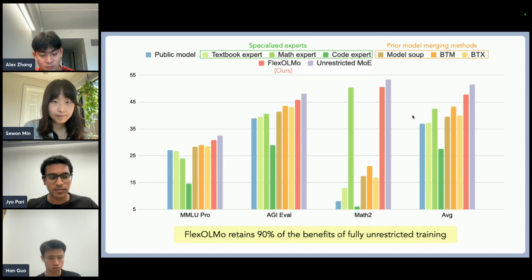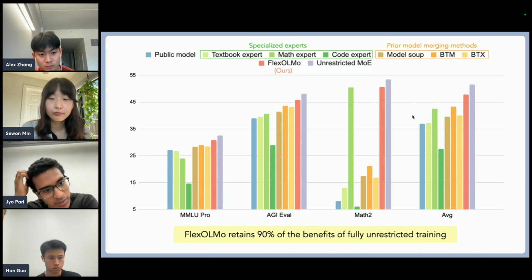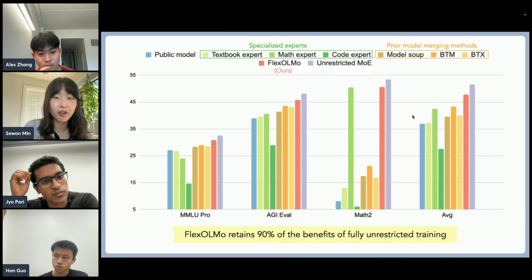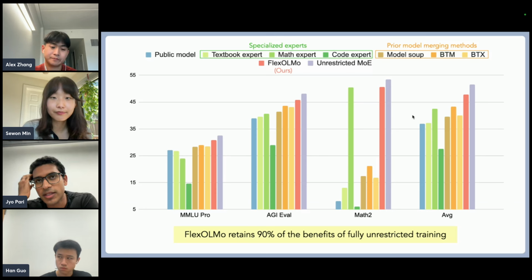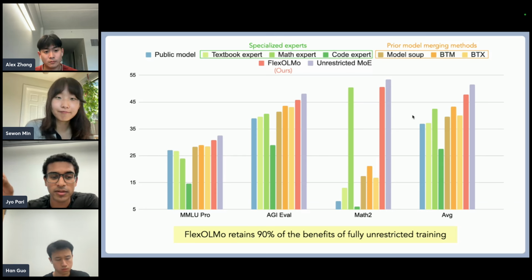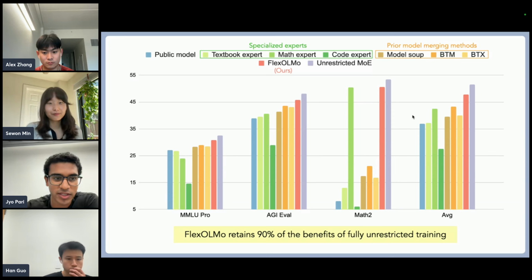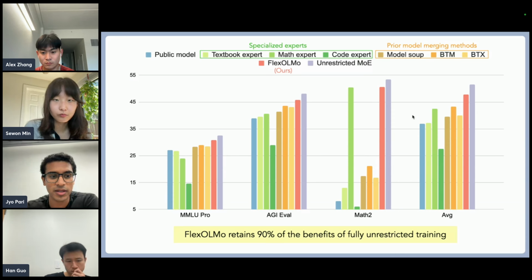Are you averaging multiple expert outputs in this evaluation? So we have in total 8 experts, and we are activating 4 out of 8. Oh, okay. Got it. And do you notice between the routing in the unrestricted case and the FlexOlmo case, are they similar, or in the FlexOlmo case is it more sparse and the unrestricted more uniform?